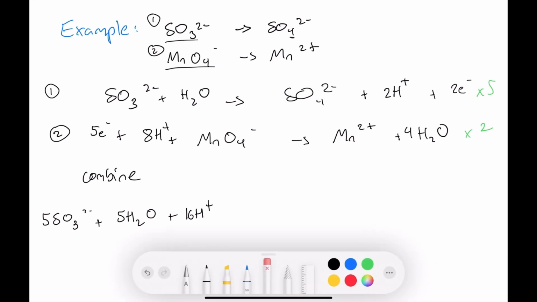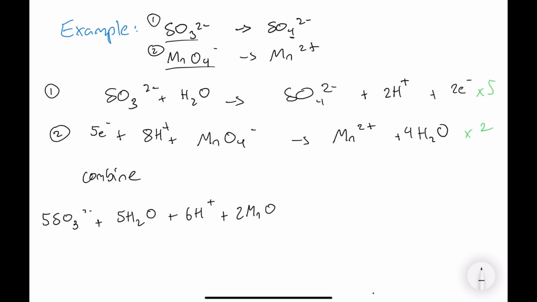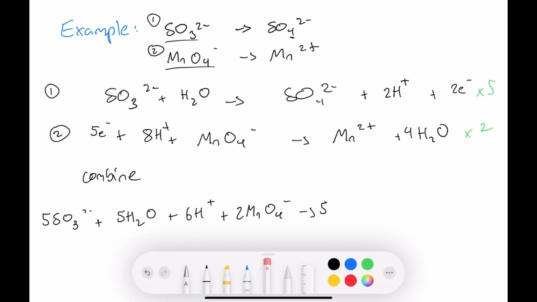So it would actually be 6H plus, because the 10 will cancel out. 6H plus and 2 MnO4 minus, then we'll have 5. Yeah, so just have to make sure you're multiplying everything as you write everything down.